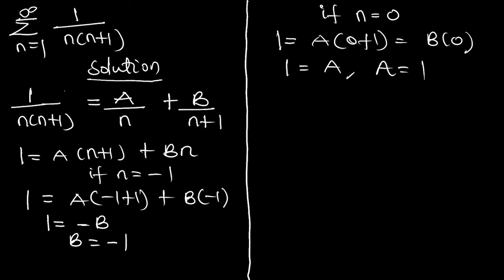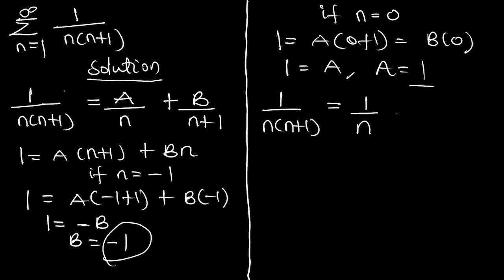So 1 over n multiplying n plus 1 can be rewritten as a, which is our 1 here, so 1 over n, and our b is negative 1, so minus 1 over n plus 1.